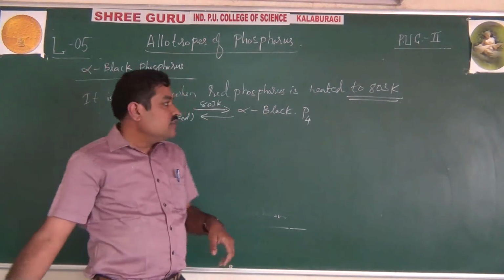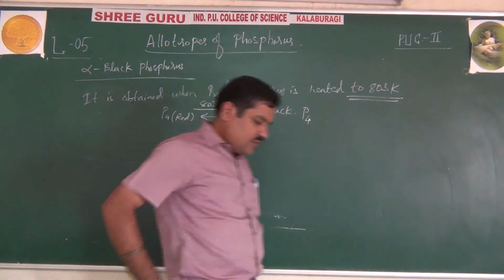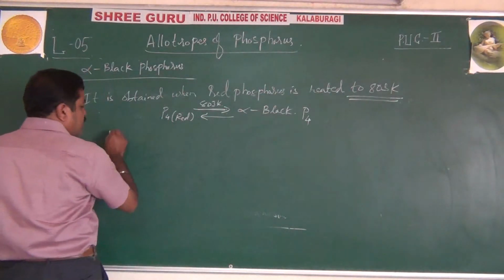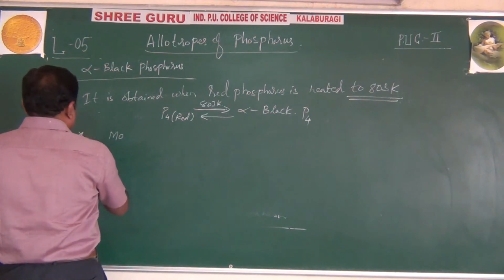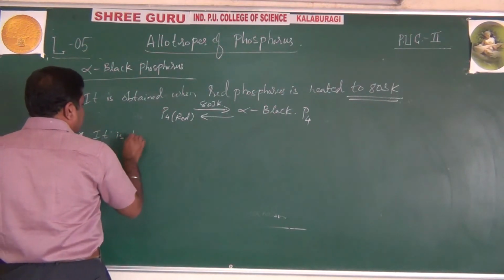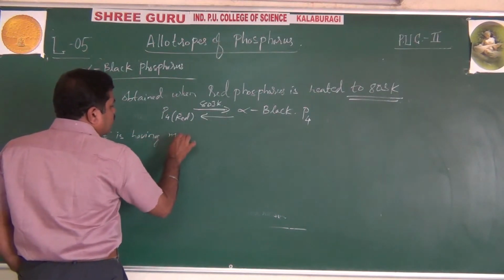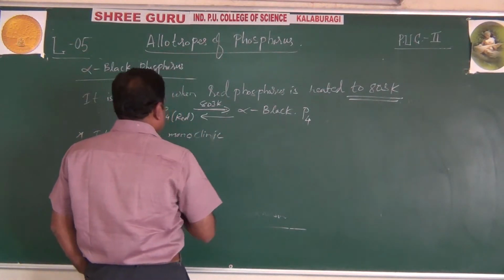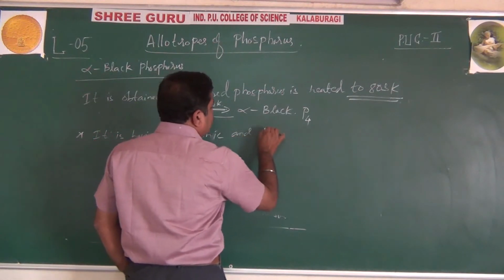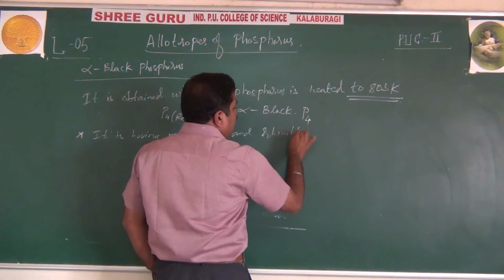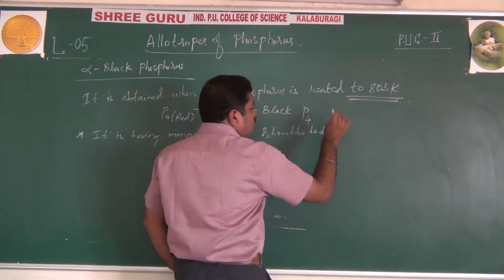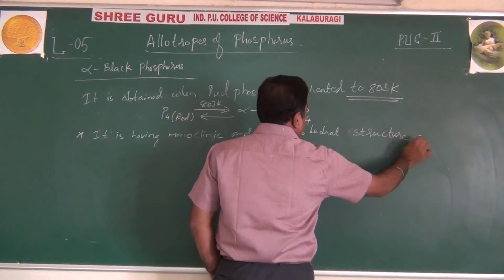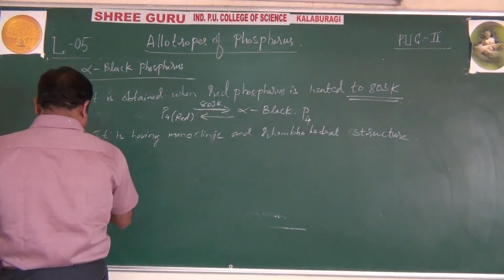Up to 803, below it you will get red phosphorus, and above 803 you get alpha black phosphorus. It has monoclinic and rhombohedral geometries, a rhombohedral structure, and it sublimes in the air.